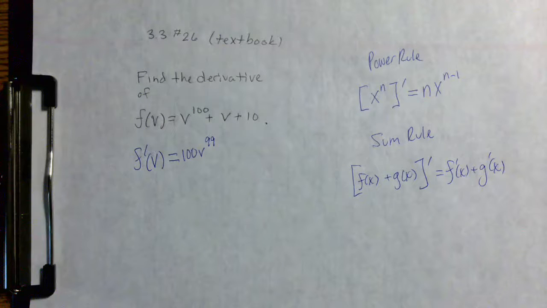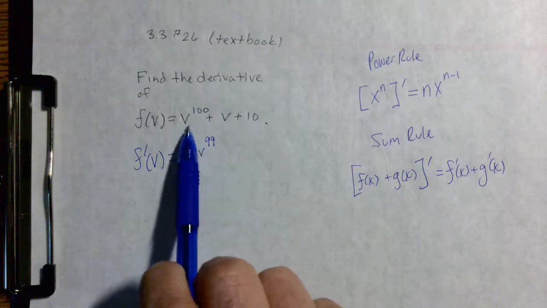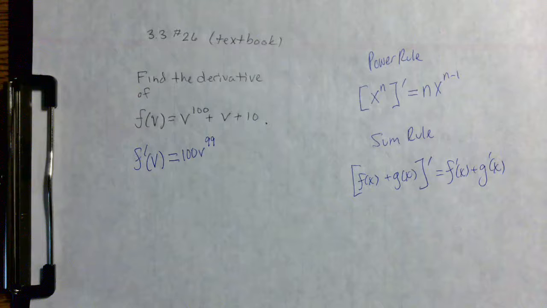And that's particularly important in this one because we have this polynomial made up of three terms, and so because we've got this sum, we need to have a rule here which tells us how to work with sums.